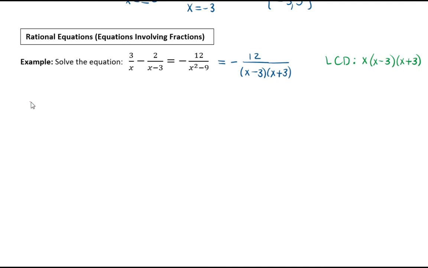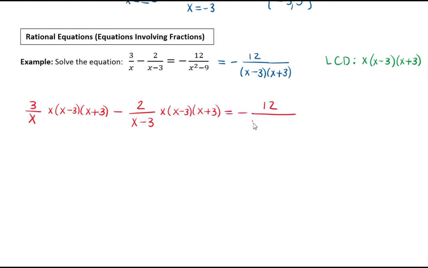So I have 3 over x multiplied by x times (x minus 3) times (x plus 3), and then I have 2 divided by (x minus 3), again multiplied by x times (x minus 3) times (x plus 3), and at the right side I have negative 12 divided by (x minus 3) times (x plus 3), and this is also multiplied by x times (x minus 3) times (x plus 3).